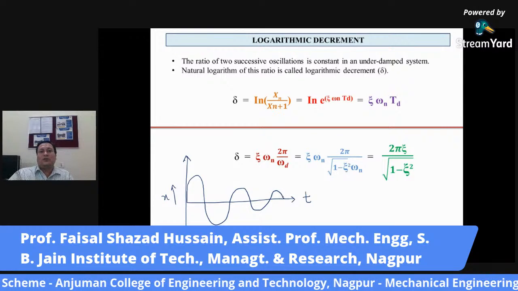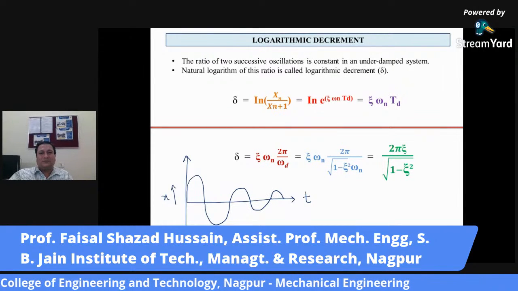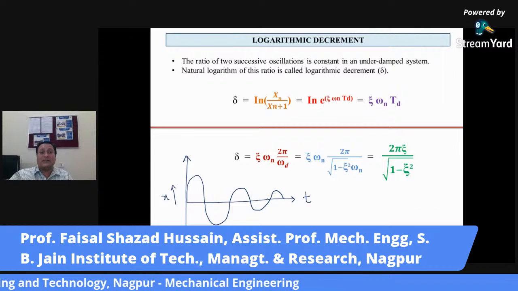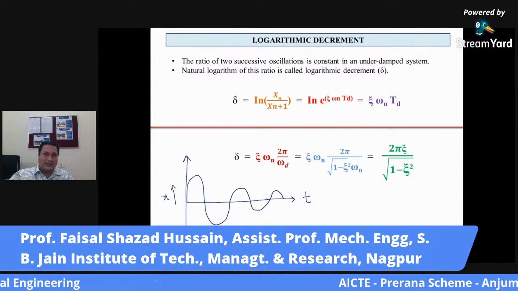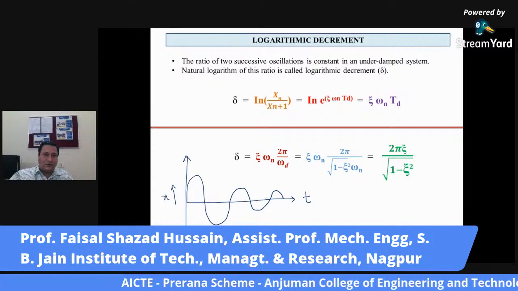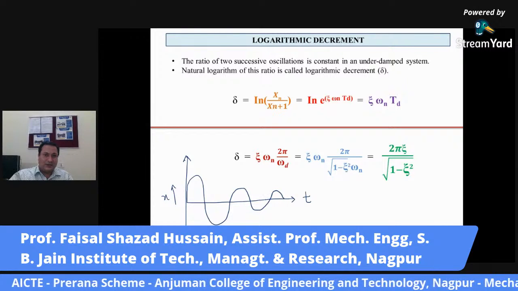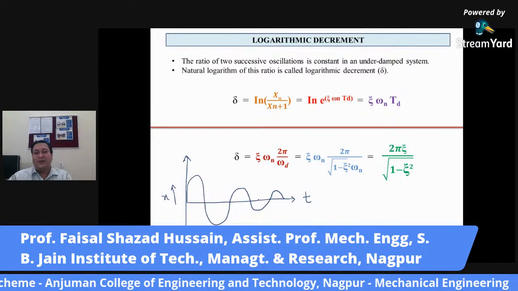So logarithmic decrement means the ratio of two successive oscillations, or I can say it is the ratio of two successive oscillations on one side of a mean position.